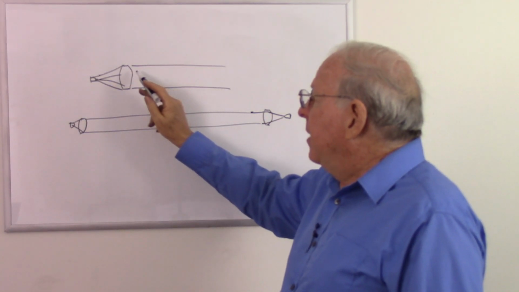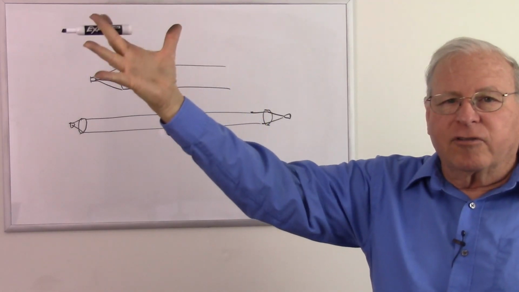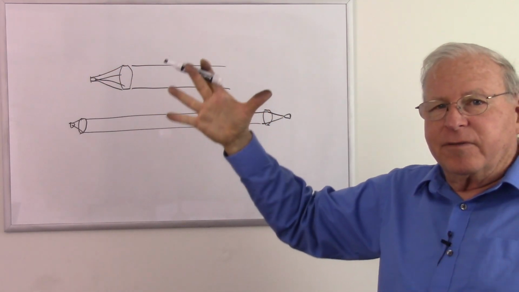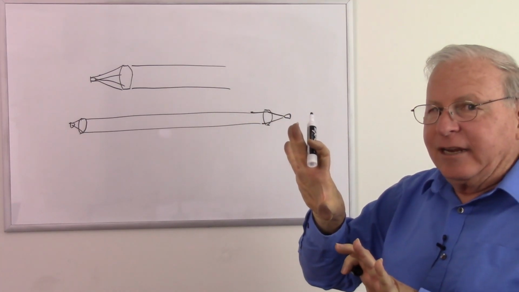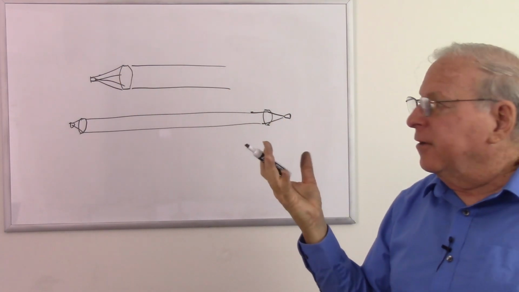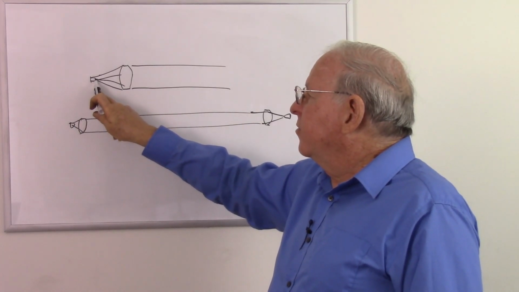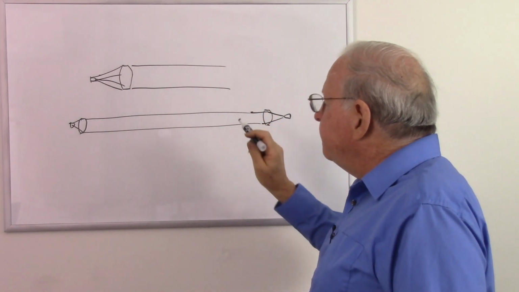The light is collimated when the rays are parallel. So light coming from a star, that star is so far away that the sphere of light that's emitting from it is coming to us as flat planes, and therefore the rays are parallel, therefore that light is collimated. Or we can take this light here and collimate it, and now we have a straight beam.